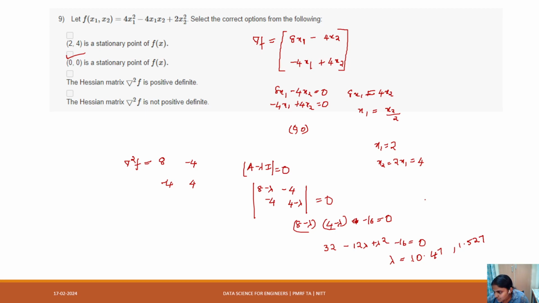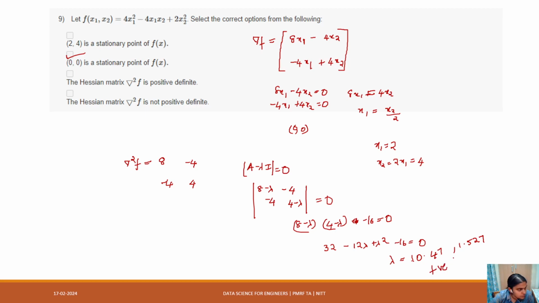Lambda values. Yeah, okay. So right now we got this value. Here we got it as positive.